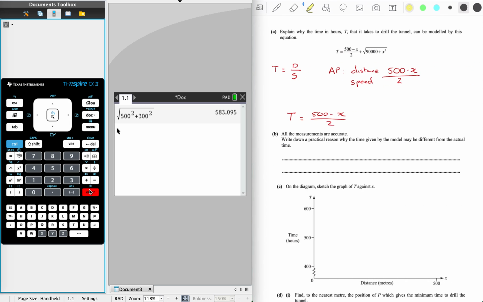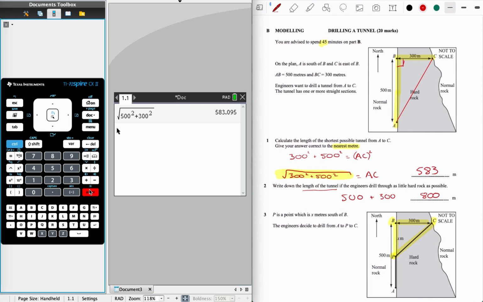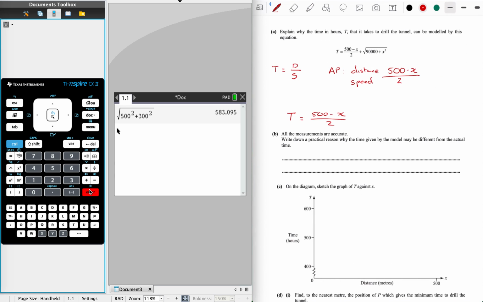Let's go for this. So the distance, or what was it again? It was P to C. So PC, the distance is the square root of 300 squared plus x squared.